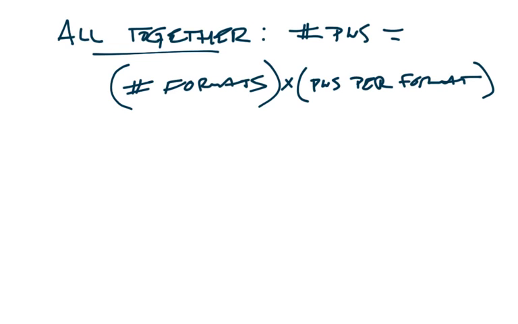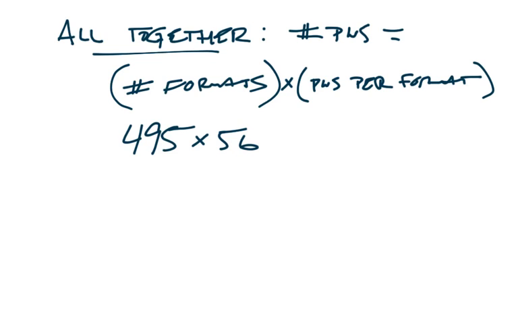And we just figured out from the last page that the number of formats are 495 times, what number did we get? 56 for the lower cases. Times one way of arranging the digits when all is said and done. So we have 495 times 56.